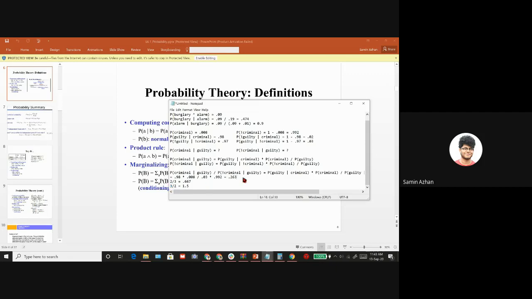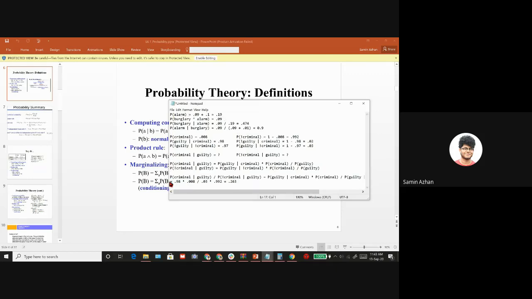So in this case, since this is less than 1, we can ensure that not criminal is greater than criminal. So the probability of, let's just copy that.